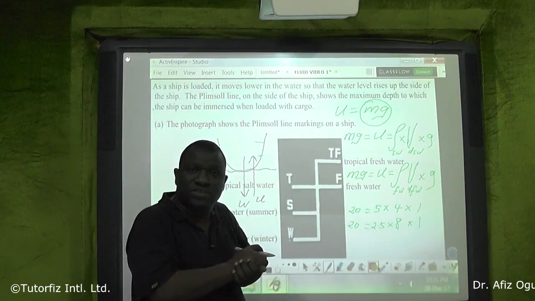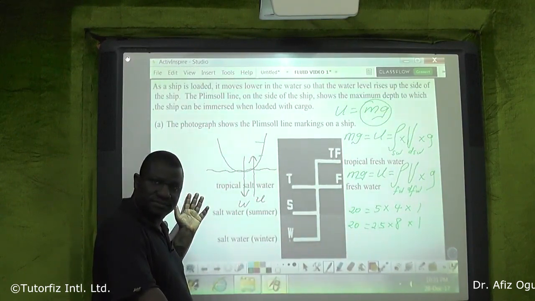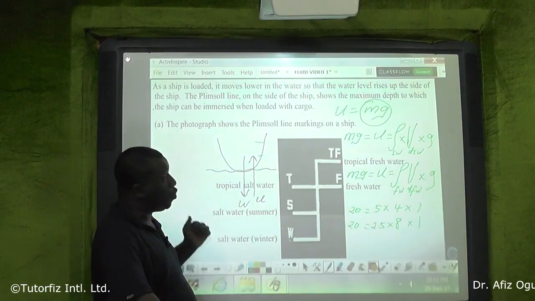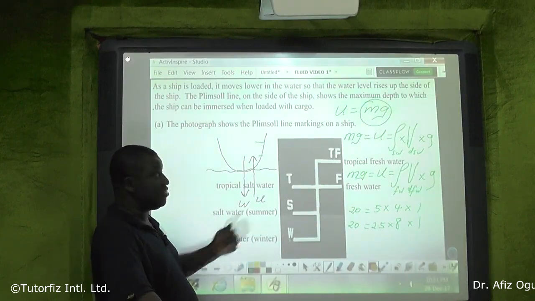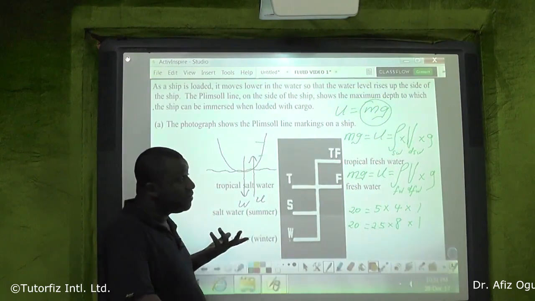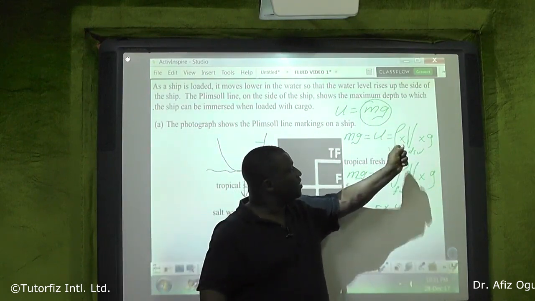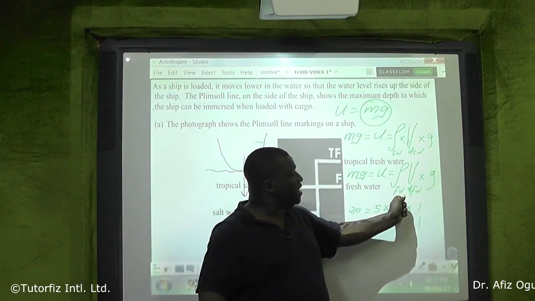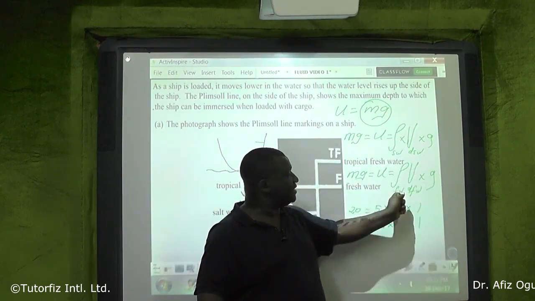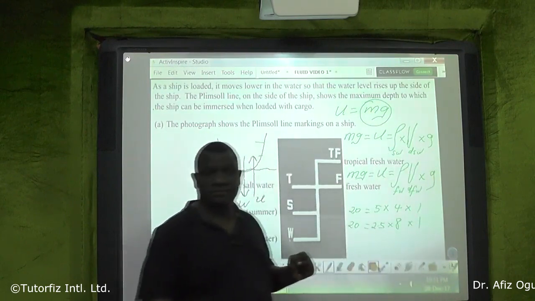So we said upthrust must be equal to weight for it to float. If that is the case, you can write all this if you want to. The fluid here, salt water, has a higher density than the fresh water.